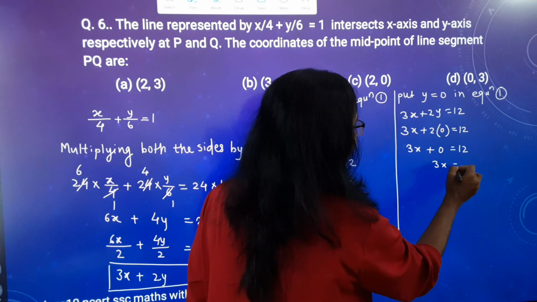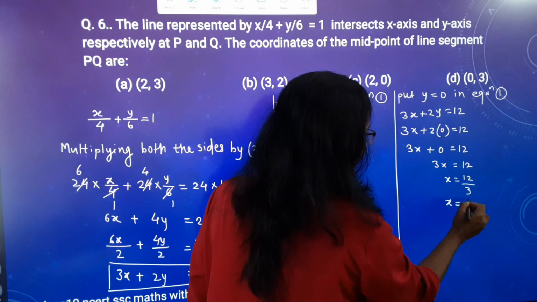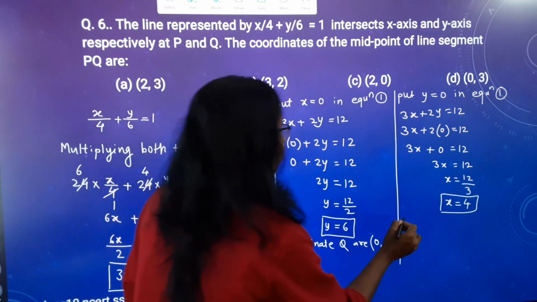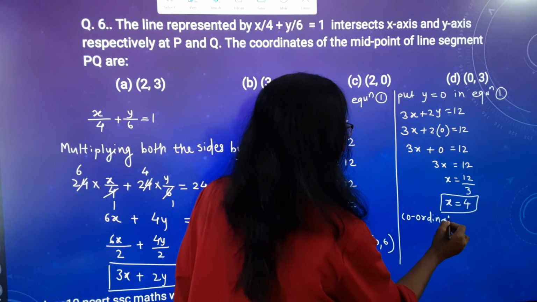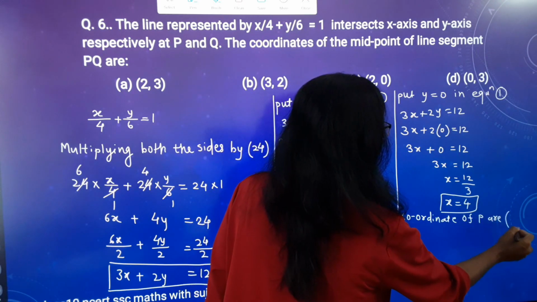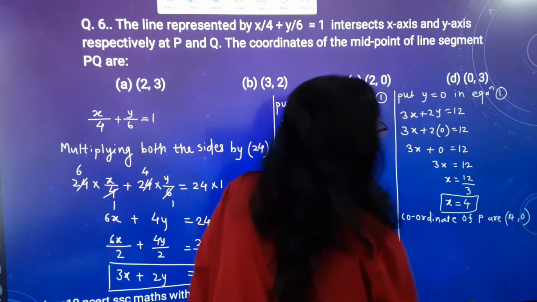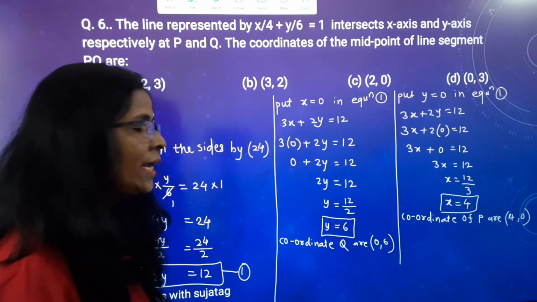So 3x is equal to 12, so x is equal to 12 upon 3, so x is equal to 4. Now this is the coordinate of P. The coordinates of P are (4, 0).